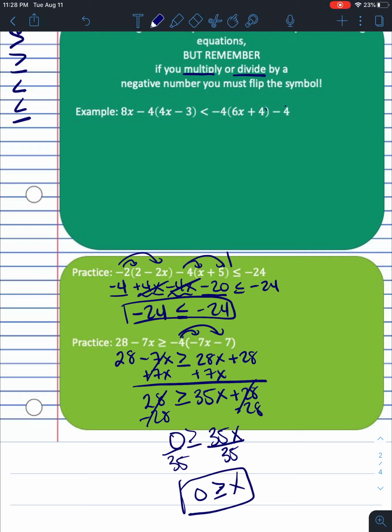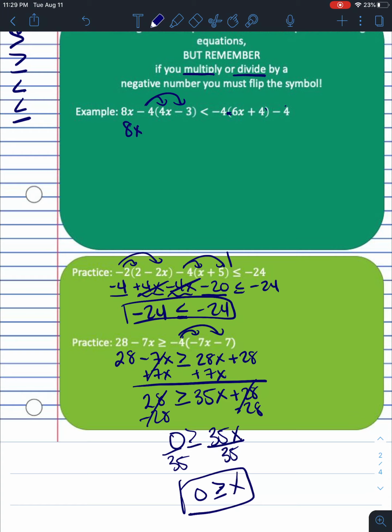I think I can fix it really quick. I think if I make this 6 negative, it might work. Okay, so let's try this problem again, and let's make this 6x a negative. All right, so let's work through it. Okay, guys, I make mistakes sometimes, bear with me, okay?